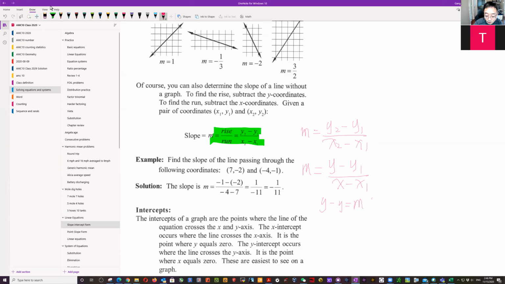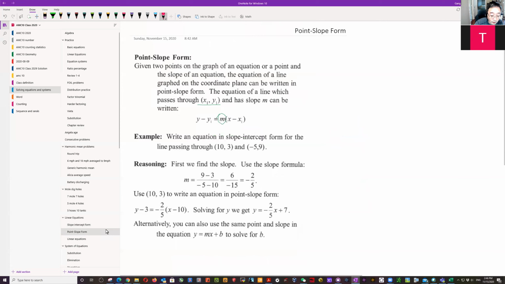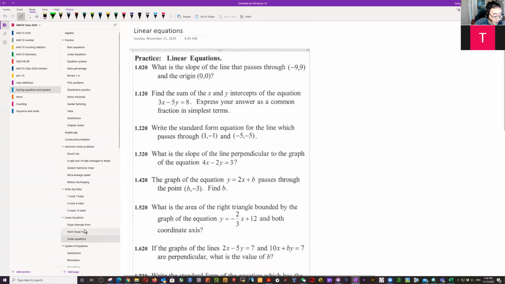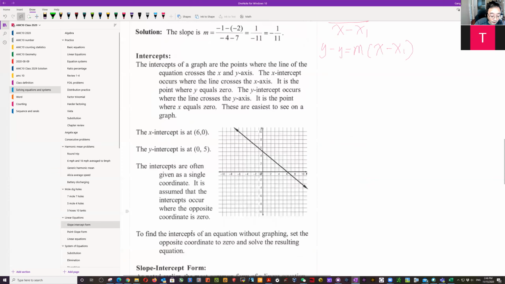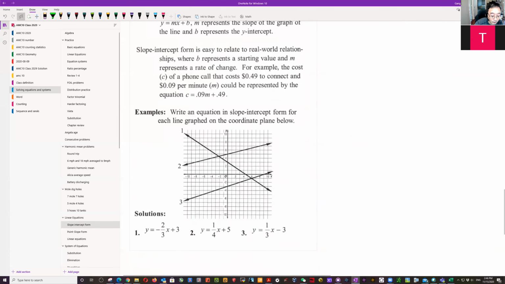So all you really need to remember is just the slope definition, and you will be able to remember the point slope form very easily. I think there's another final form, which is the standard form.